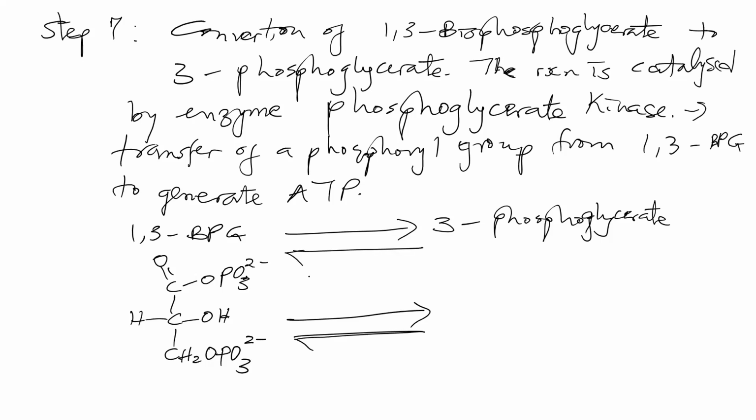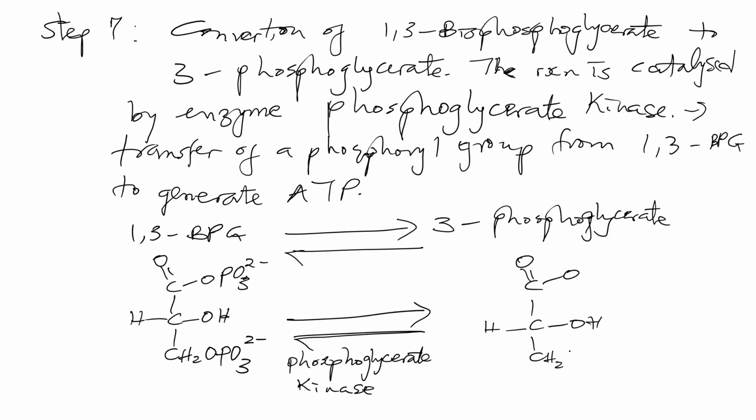This whole reaction is a reversible reaction catalyzed by phosphoglycerate kinase. And then we have 3-phosphoglycerate, CH2OPO3 2 minus. And then we would have formed a molecule of ATP. So this is the first step that results in the production of ATP.